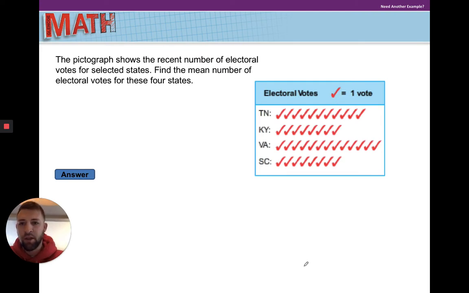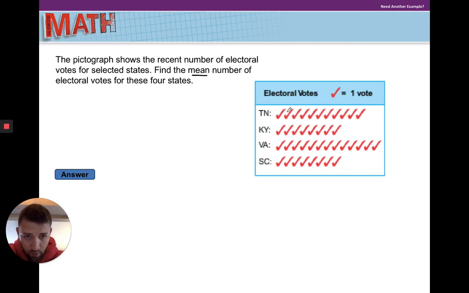It says the pictograph shows the recent number of electoral votes for selected states. Find the mean number of electoral votes for these 4 states. Notice looking at this, it says 1 check mark equals 1 vote. So when we count this up, we'll just be counting by ones today.